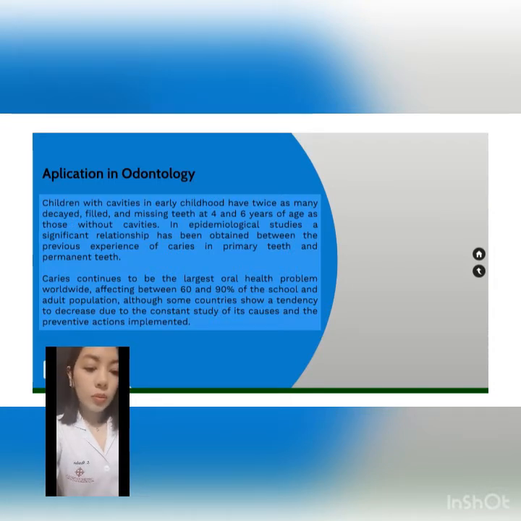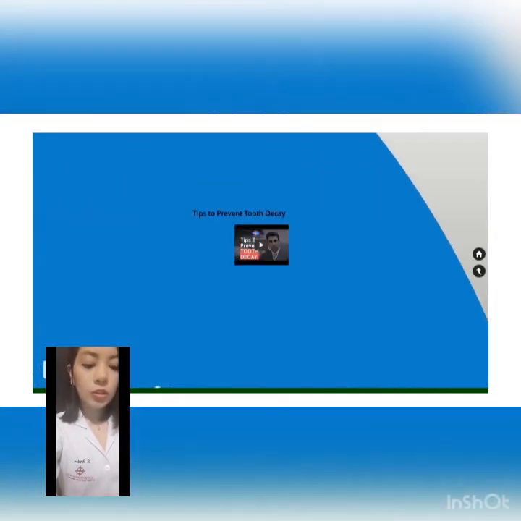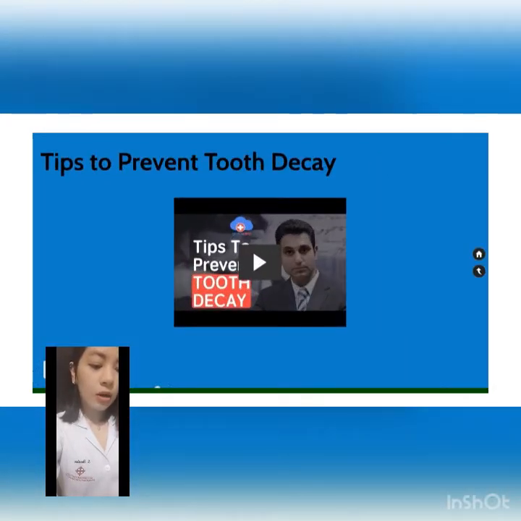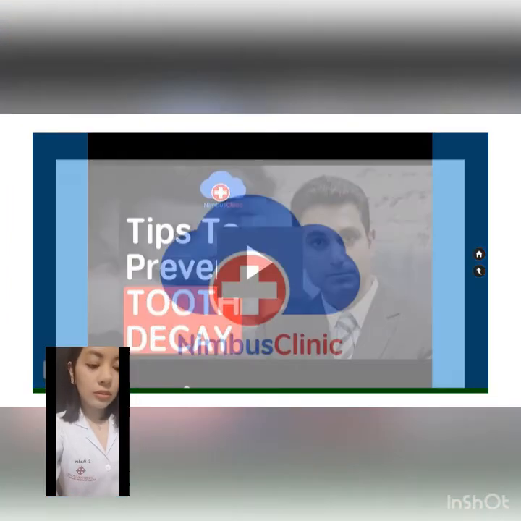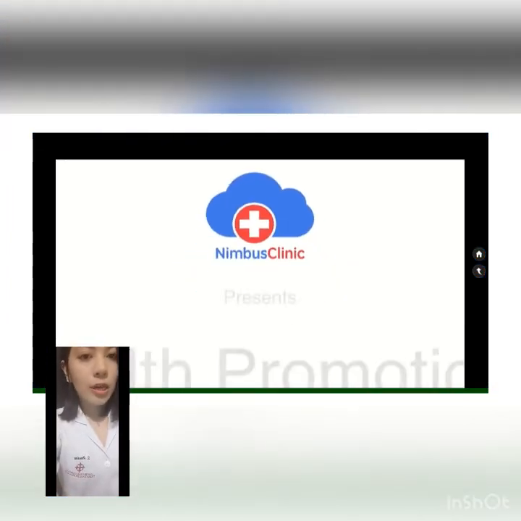Caries continues to be the largest oral health problem worldwide, affecting between 60 and 90% of the school and adult population, although some countries show a tendency to decrease due to the constant study of its causes and the preventive action implemented.